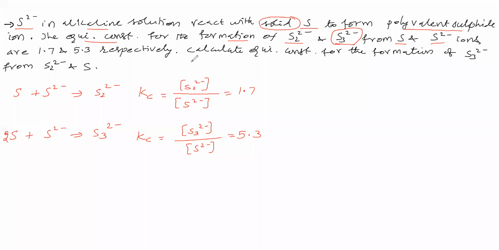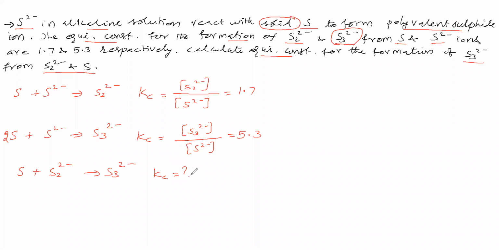Next, calculate the equilibrium constant for the formation of S3 2 minus from S2 2 minus and sulfur. Now, sulfur and S2 2 minus form S3 2 minus.